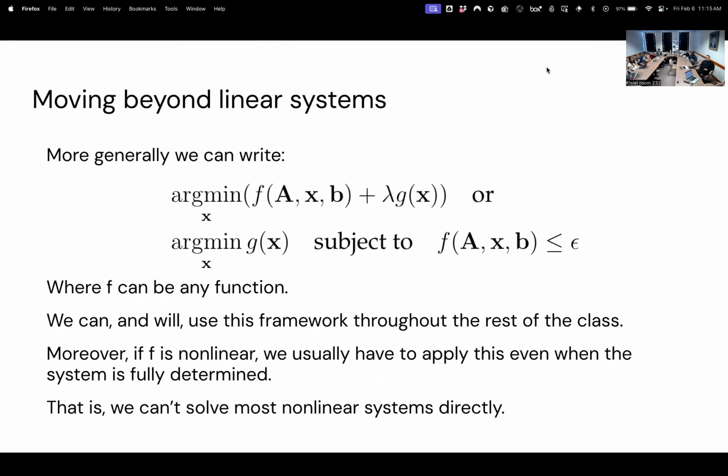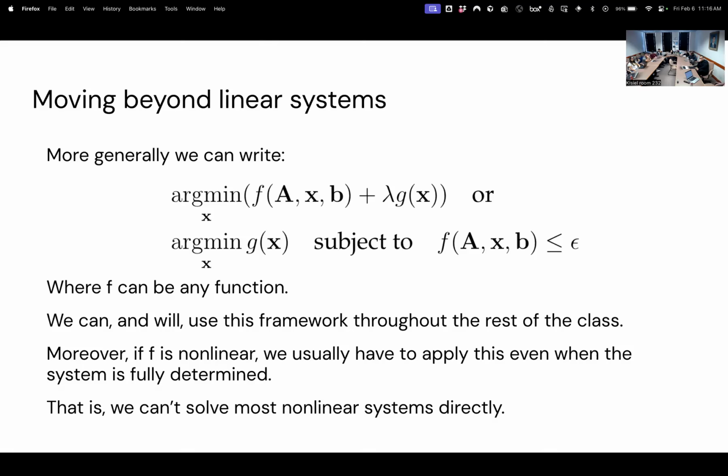But as I mentioned, we're starting to move beyond the linear systems. So we can more generally write, instead of the 2 norm, some generic function. It can be any function, and this is sort of the framework that you can think about all forms of regression in.